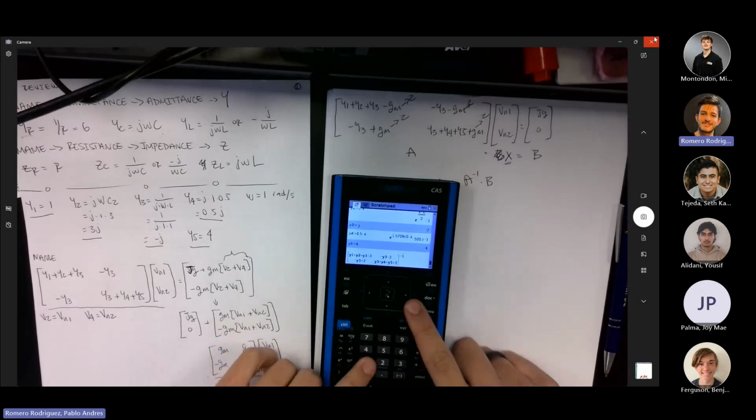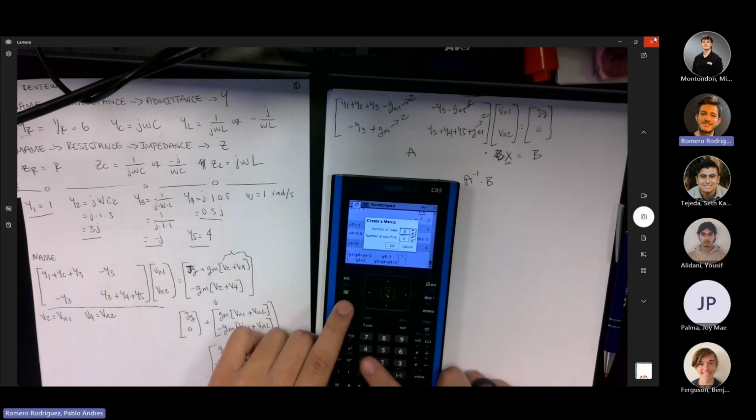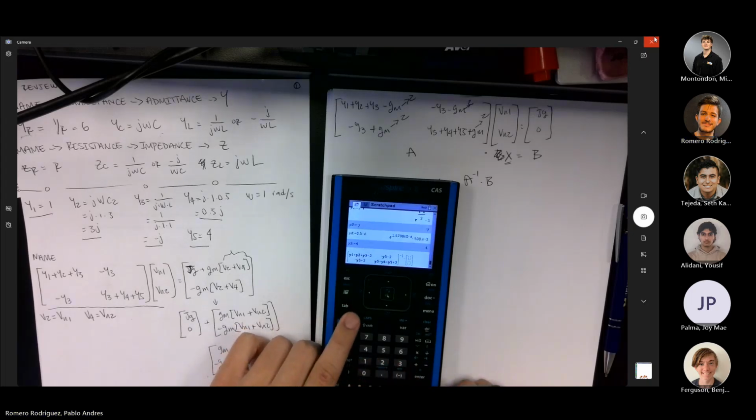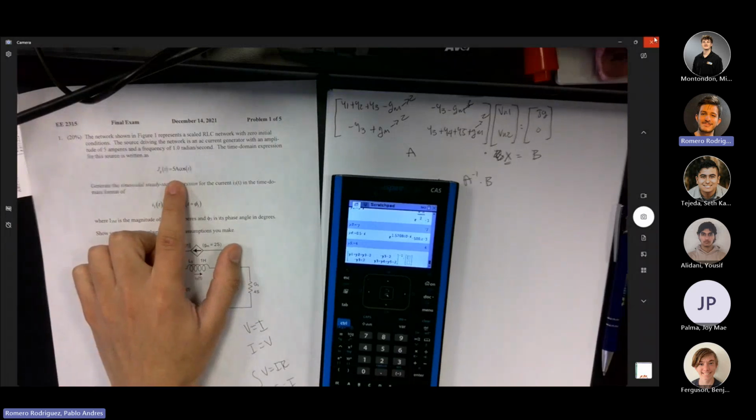I'm going to multiply by that other matrix over there, which is 2 rows, 1 column, with the value of JG, which is just the value of 5.